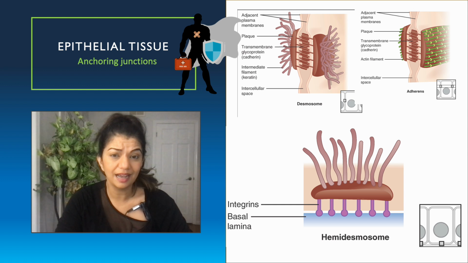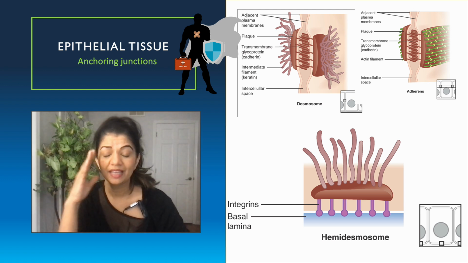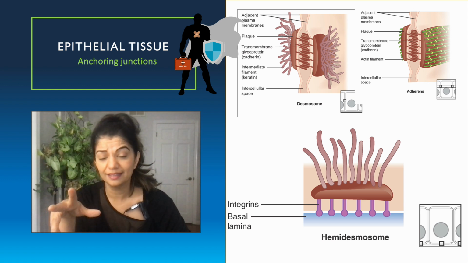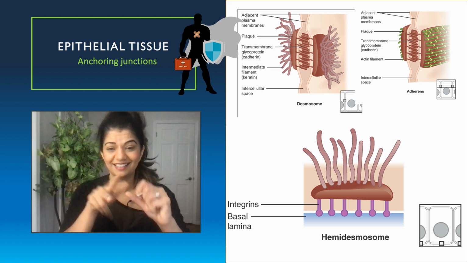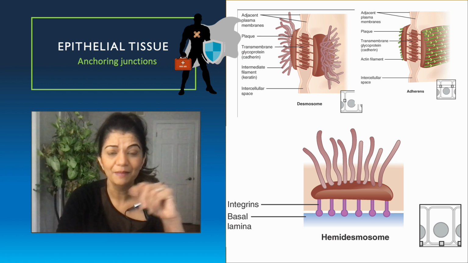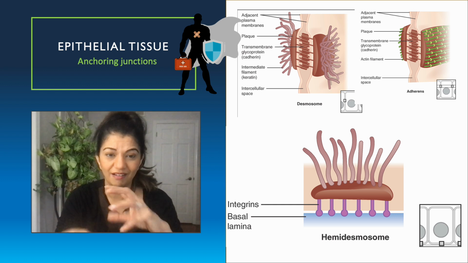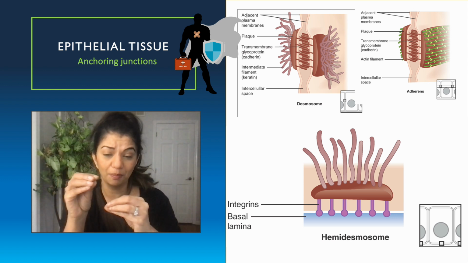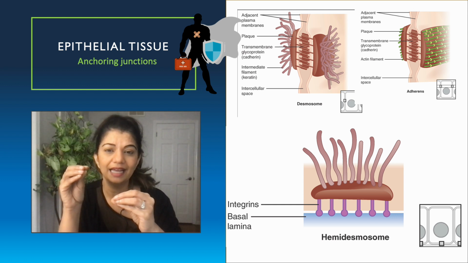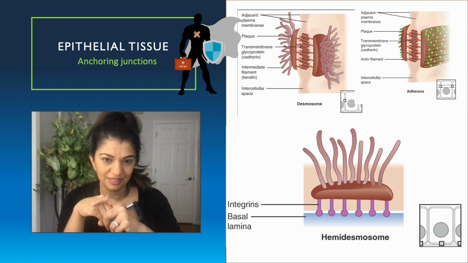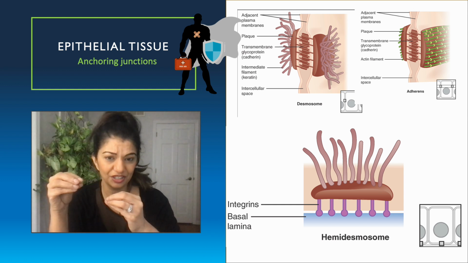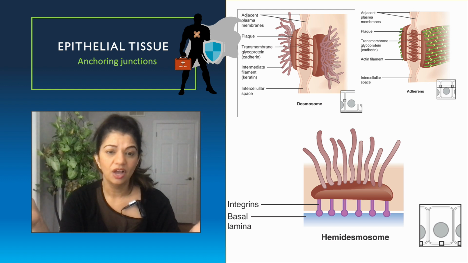Now, there are three types of anchoring junctions. And I don't know, when I look at this picture, it reminds me of aliens, because they're these like finger-like projections or whatever. But desmosomes are the top picture that you see there, and they occur on patches on the membranes of cells. And these patches have structural proteins on the inner surface of the cell's membrane.